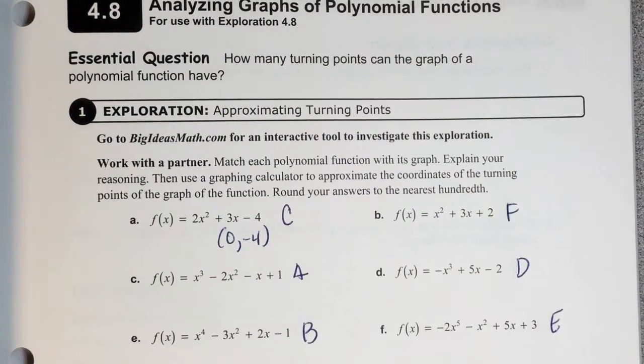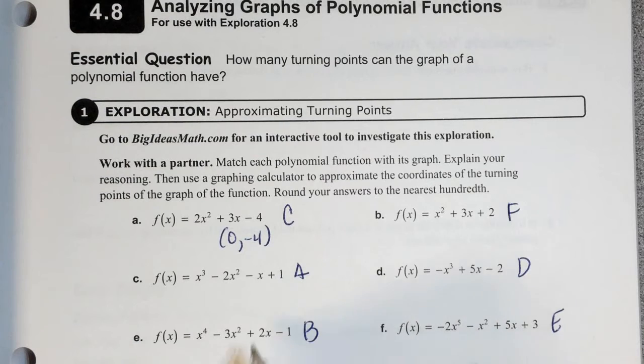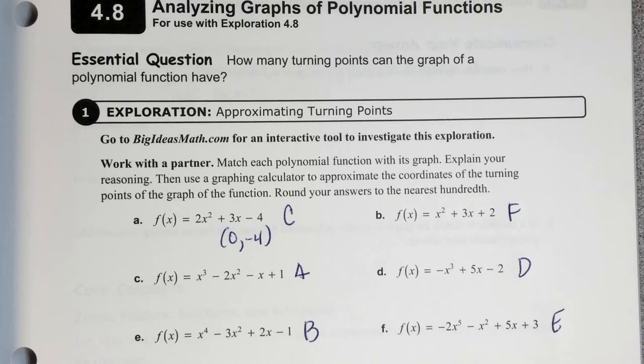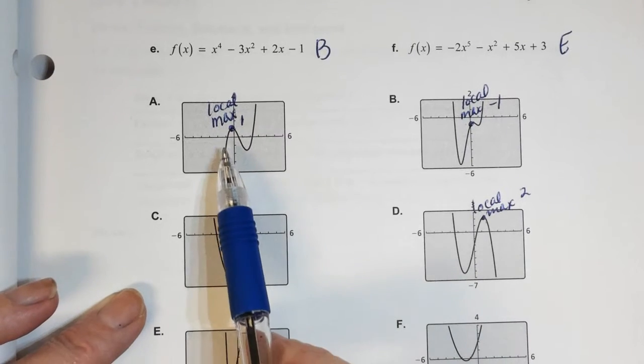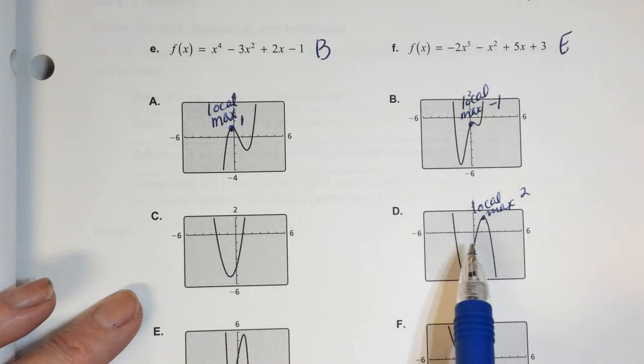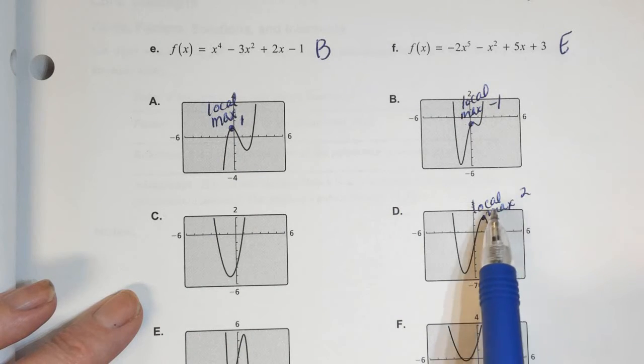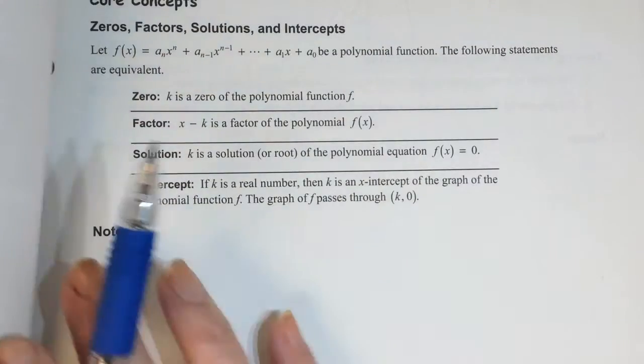So looking back here, right here I would call this local max, that's going to be 1. This local max is going to be -1. This local max is going to be 2, because all I'm telling you is the y value at that point. That's how we define the local max right there.